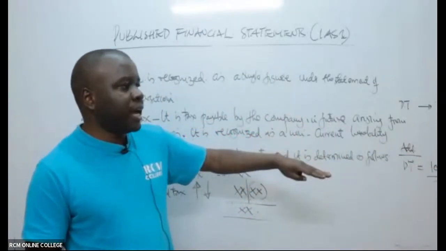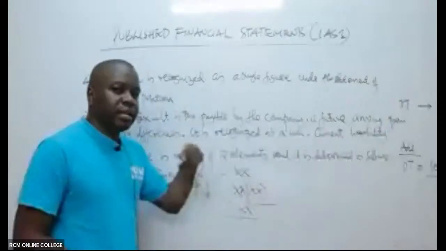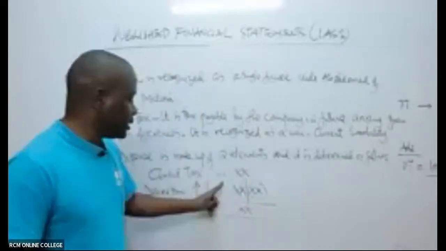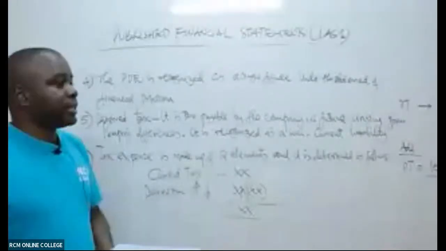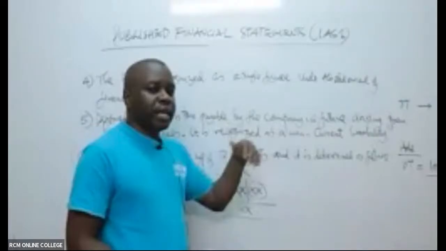But of course, you have to compare with what was there at the start to know whether there was either an increase or a decline. If there's an increase, it means the company is incurring more tax to pay in future, overburdening itself even more by a particular amount. If it is a decline, it means the company is gaining, because the tax they were supposed to pay in future has reduced.